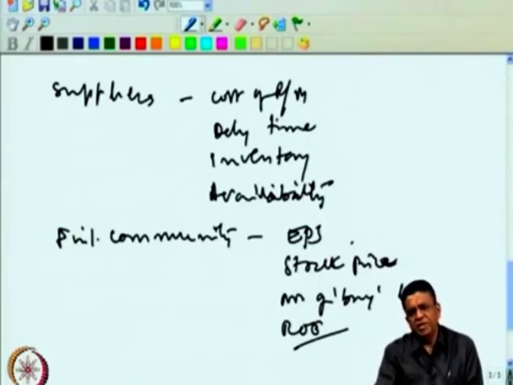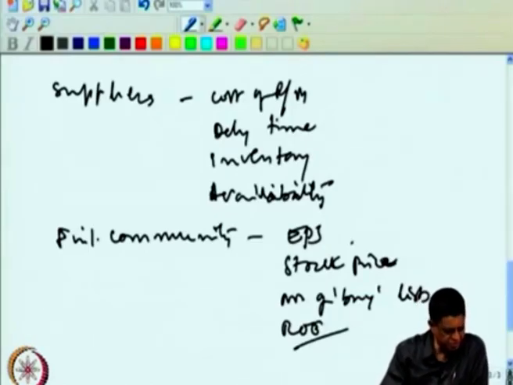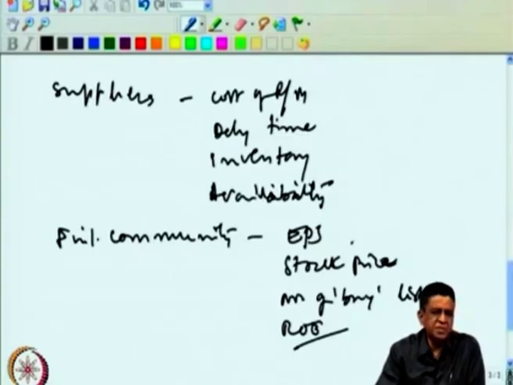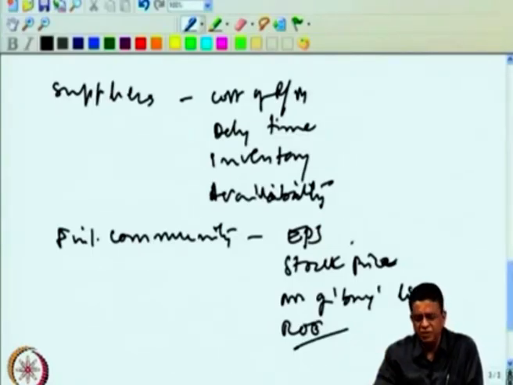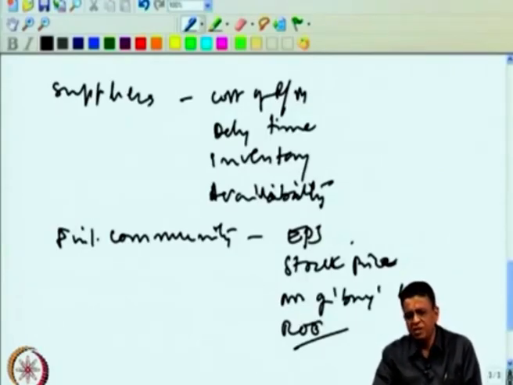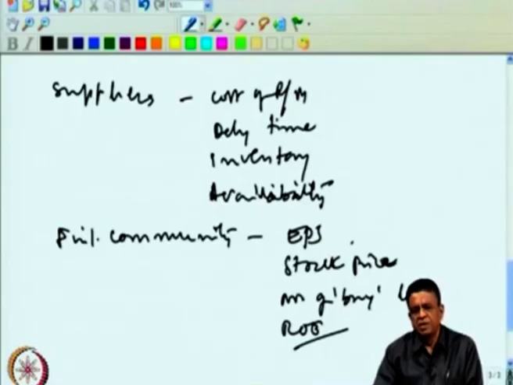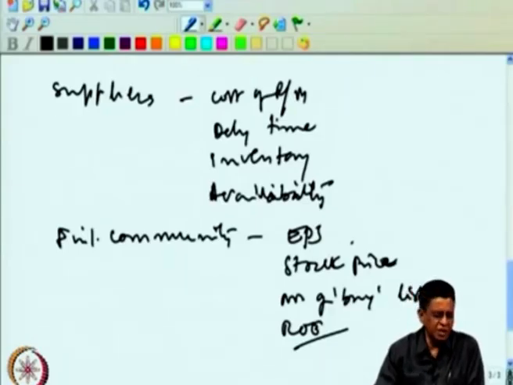So, in the long term analysis, what is the financial community looking at? The ability to convince analysts with strategy. Suppose you are looking for investments from these financial institutions or financial community at large, you should be able to convince them with your strategy.